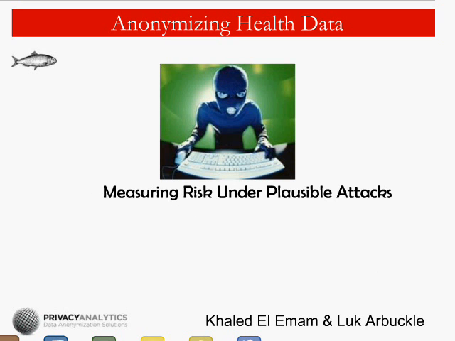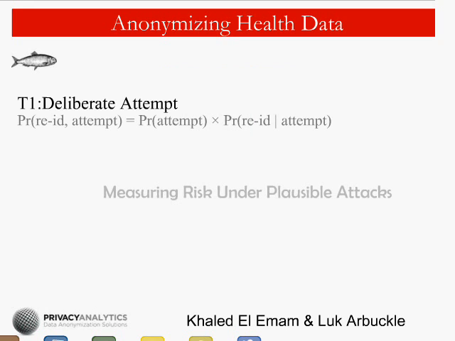So in terms of measuring risk under plausible attacks, we have the ones that I mentioned before. Deliberate attempt is, and let's go back to our example of Kronk. So you measure what's the probability of a re-identification occurring given that an attempt has been made to re-identify the data set.